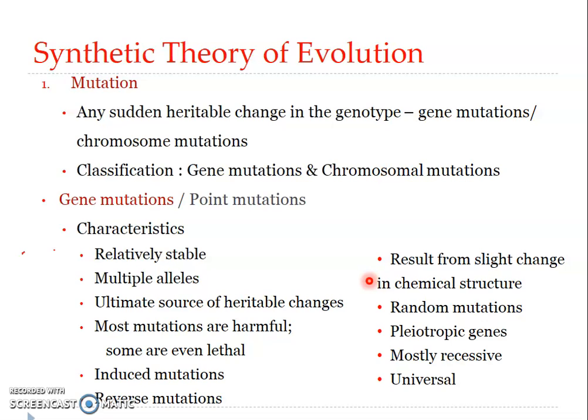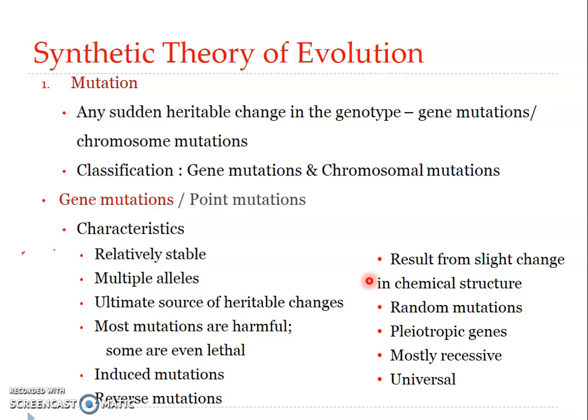Another important feature is that they are spontaneous and undirected by the environment. So it can be in any way, it is random and spontaneous. Mutations are thus accidental, undirected, random, and chance events, right?